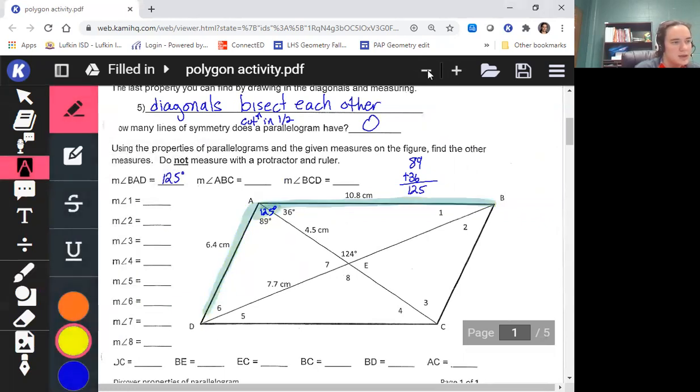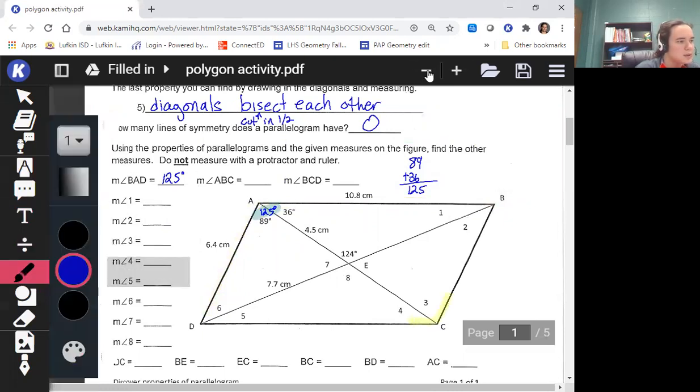Because that angle is 125 degrees, we know this angle down here, angle BCD, is also 125 degrees because opposite angles are congruent. And that is for this whole angle, not just one part of it.